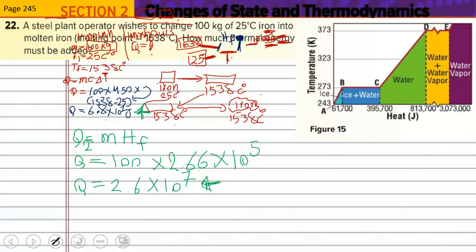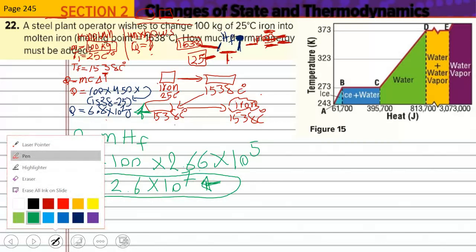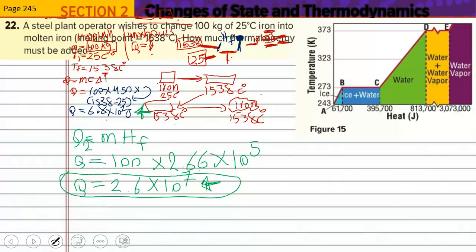And then we have these two Q's, and we will add them together to find the final one in another color.